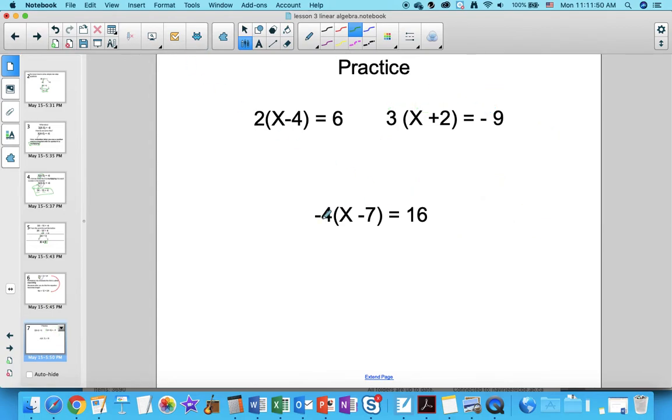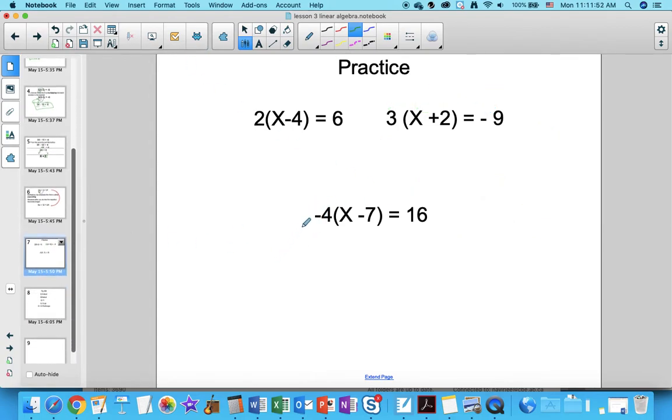All right, last one, right? So negative 4 times x minus 7 equals 16. Negative 4 times x, right, is negative 4x minus negative 4 times 7, right? So 7 times 4 is 28.